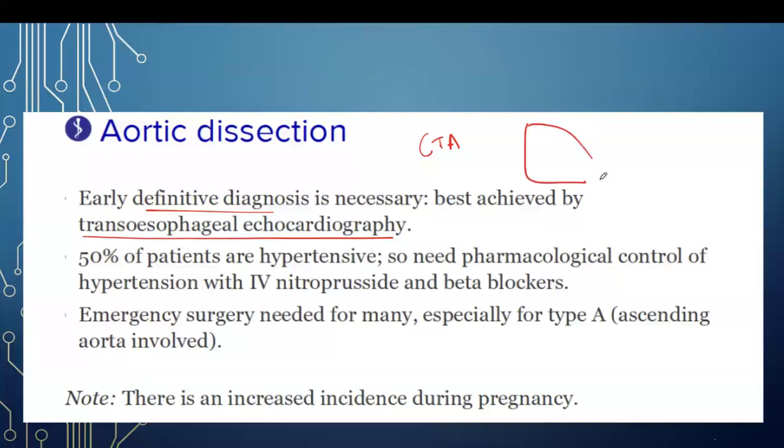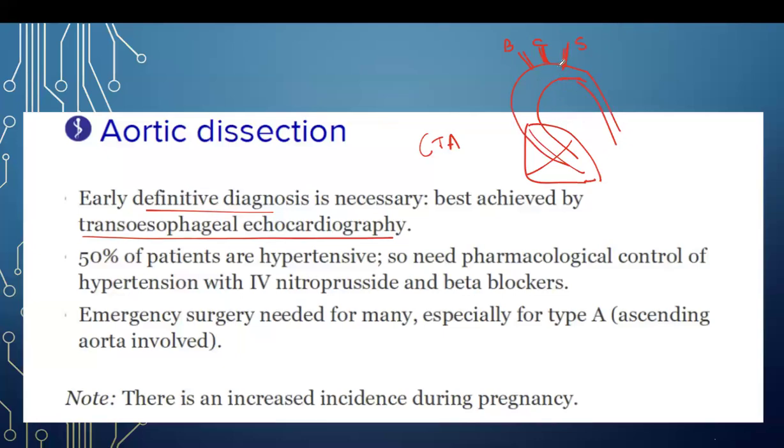So if this is your heart, and that's the aorta, and we know that the aorta has got 3 main vessels. So we have brachiocephalic, left carotid, and left subclavian, right?